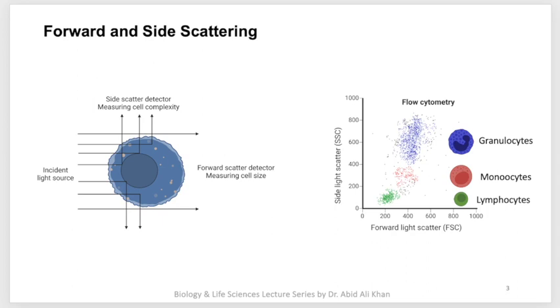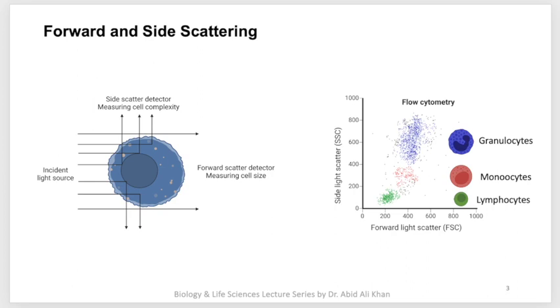The more internal complexity the cell or the particle has, the more side scatter there would be. And one thing is very important here: the side scatter detector is always at a 90 degree angle to the cells. So no matter at how many angles the light is deflected, the detection would only be for the incident laser beam that is deflected at an angle of 90 degrees.